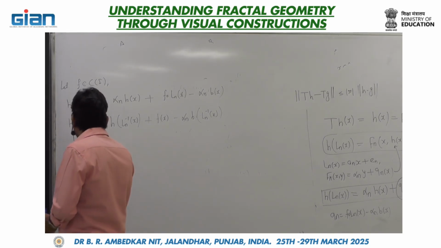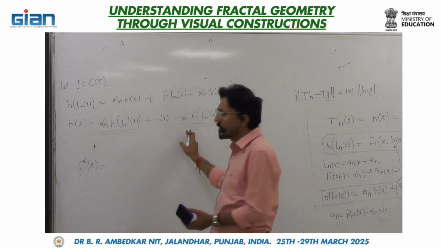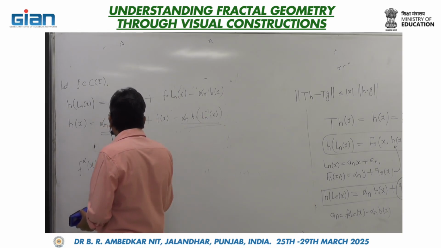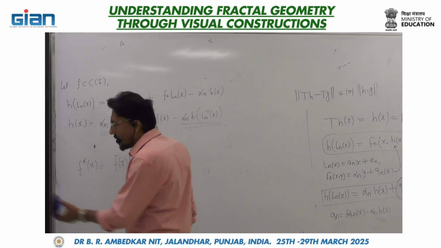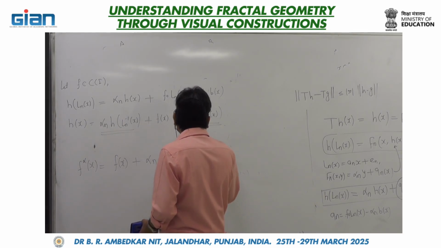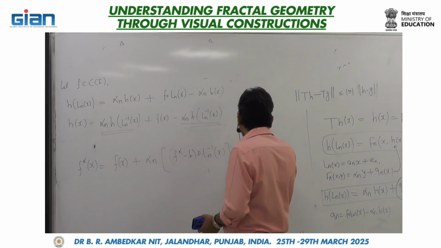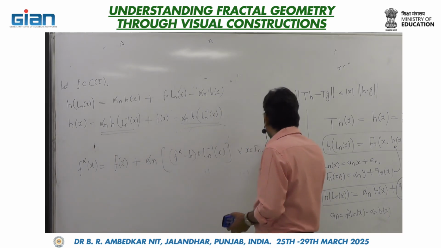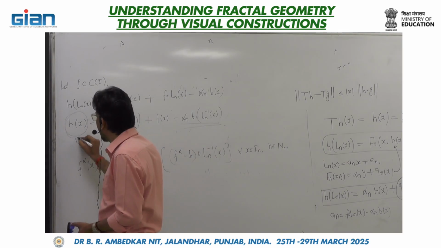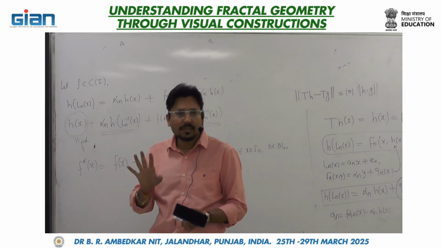So f alpha(x) is equal to f(x) plus alpha n times (f alpha minus b)(Ln inverse x), for all x belonging to In and n belonging to 1 to N minus 1. Whatever h you are getting, that will become f alpha, just as a notation.